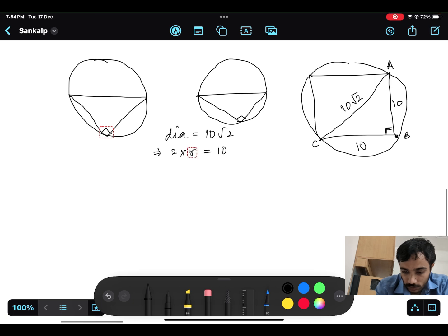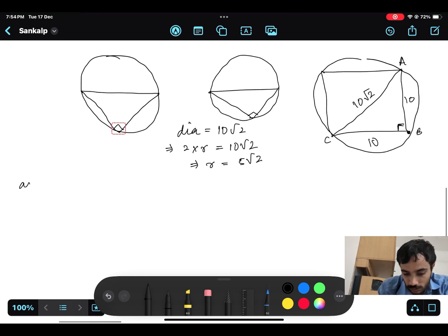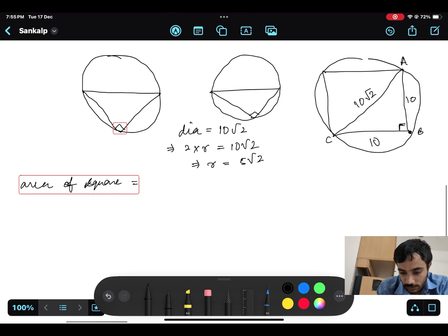So we'll get the radius of the circle as 5 root 2. So the area of the square is 10 square, which is 100.